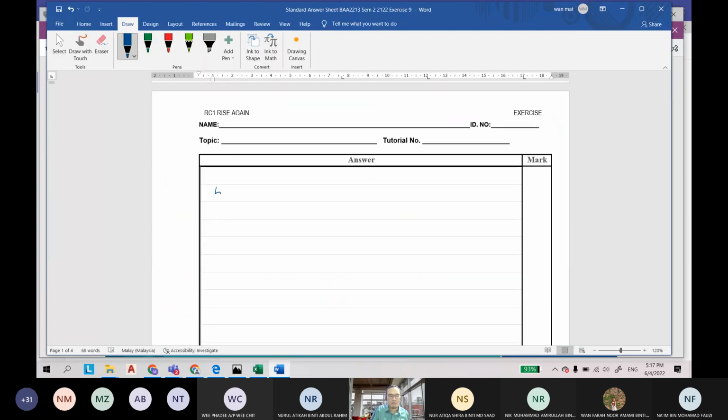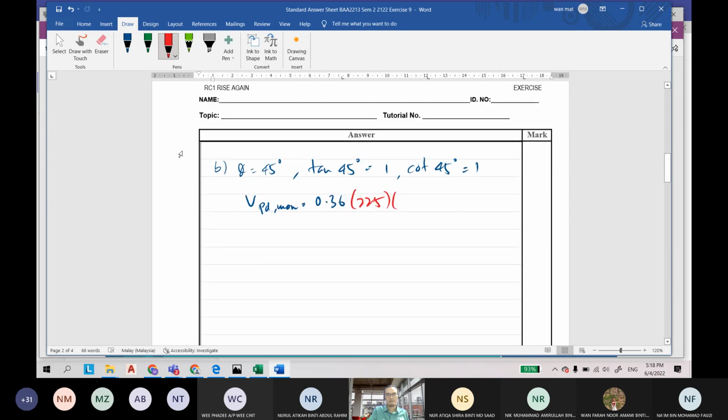If we check theta equal to 45 degree, the tangent 45 degree is equal to 1, and cotangent 45 degree also equal to 1. So VRD max is equal to 0.36 times 225, which is our B. Just fill in the equations with the relevant values: 500, our FCK is 30, so 1 minus 30 divided by 250.